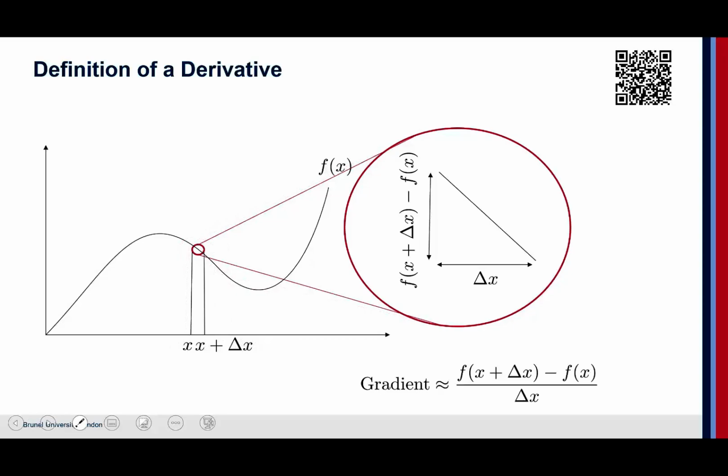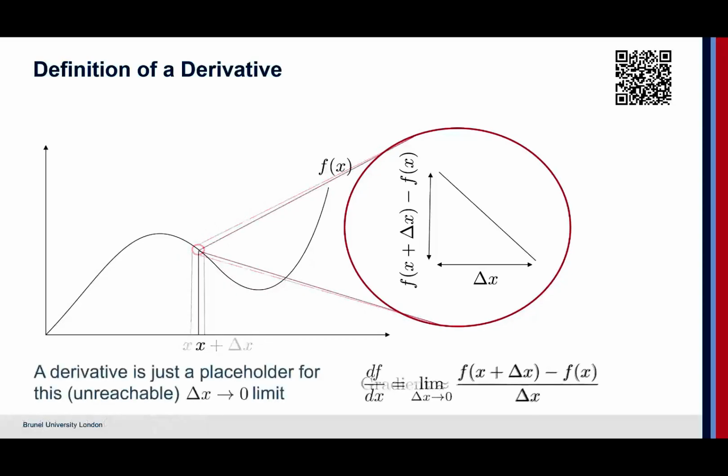The smaller we make it, the better the approximation of a straight line is to a continuous curve, and in the limiting case we end up with this concept of a derivative, which is basically the basis for differential equations. And just be aware that it's a mathematical idealization, this limiting case where we can't ever really reach that limit, but it's a placeholder that says mathematically this is what we'd like to do, and in practice what we're going to do is some approximation of that.